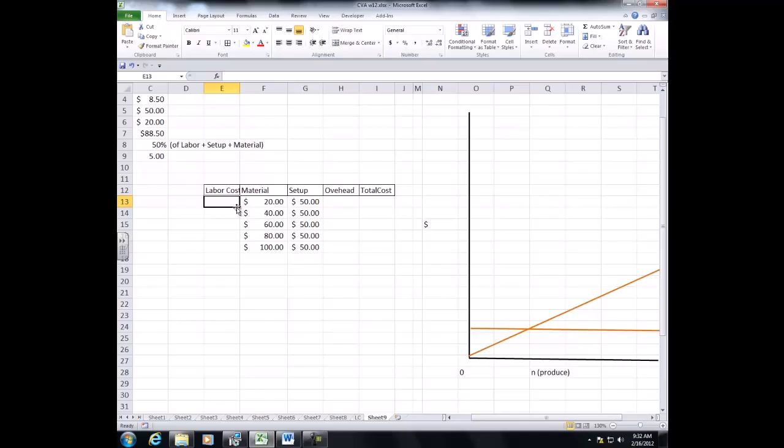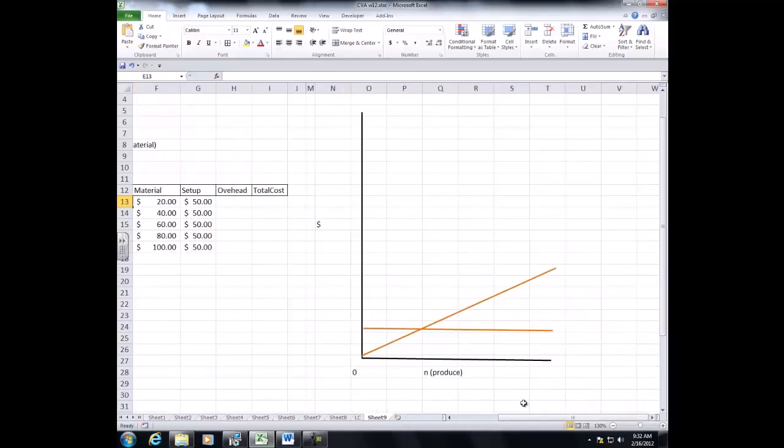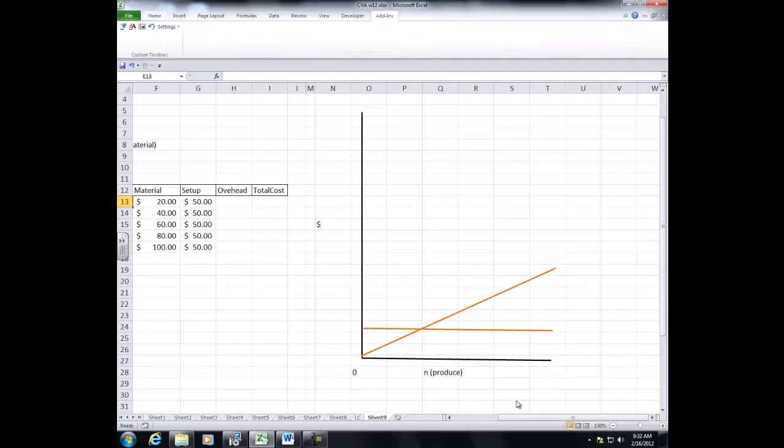No. It'll be a curve. Which way will it curve? Now at this point, let me see if this works. Where will be the starting point for the labor cost? 0, okay, somewhere here. And we'll go like this? No, it'll look like the natural log.